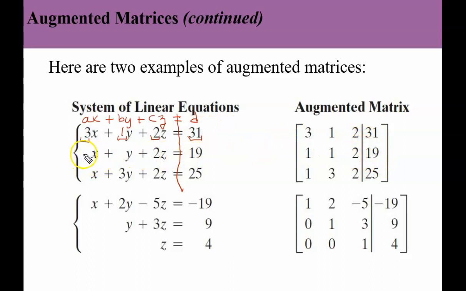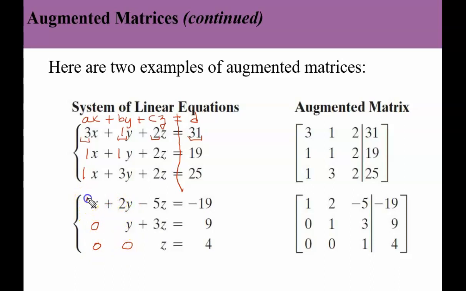So line 2 would be a 1, a 2, a 19. And this one would be a 1, a 3, a 2, 25. Now, where there are fewer terms, for instance there's no x variable, you'd put a 0 there. Here you would put 2 zeros to make up for the missing variables.